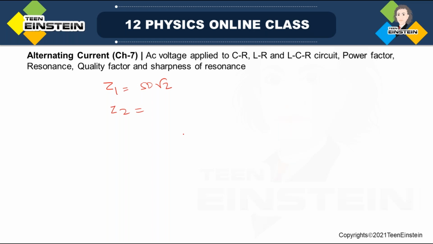Z1 was 100 root 2, and this is 50 root 2. Okay, so now if I find out current, I1 is equal to V by Z1. So V means the peak value, if we take, that is 20.